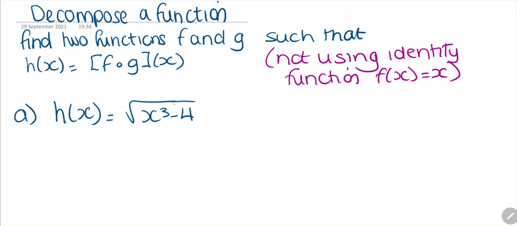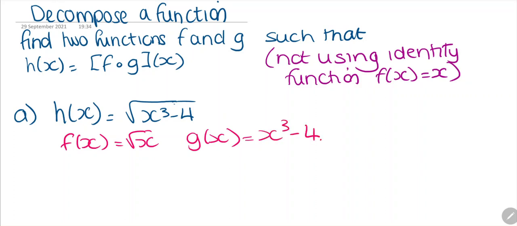So if I have a root, let's make f of x equal to the root of x. So what do we need to make with g of x? We need everything that's going to be inside the root, because that is going to go inside x. So this is going to be x cubed minus 4.